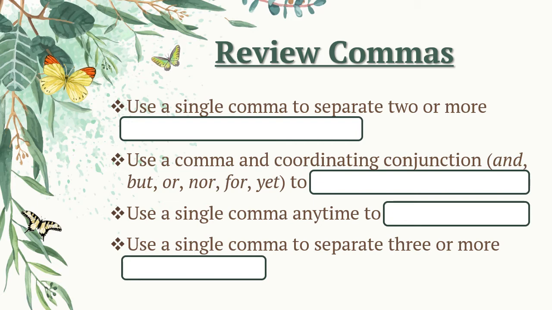Number 2, use a comma and coordinating conjunction, that would be and, but, or, nor, for, yet, to do what? What do you use a comma and coordinating conjunction for? Number 3, use a single comma anytime to blank. What would we use it anytime to do? And number 4, use a single comma to separate 3 or more blank.